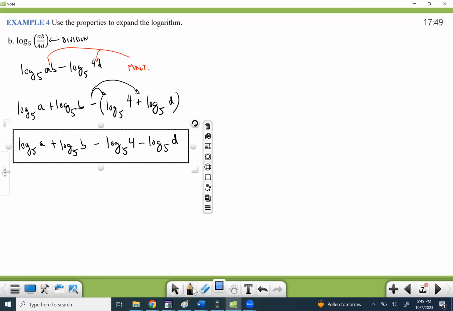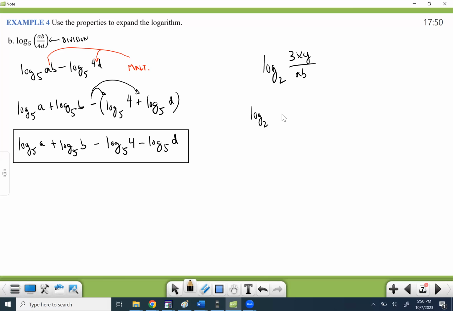So let's just, I'll make up one on the fly here that's kind of got a lot going on. If we had 3xy over AB, for example, right? Then all the things in the top would be pluses. Log base 2 of 3 plus log base 2 of x plus log base 2 of y.